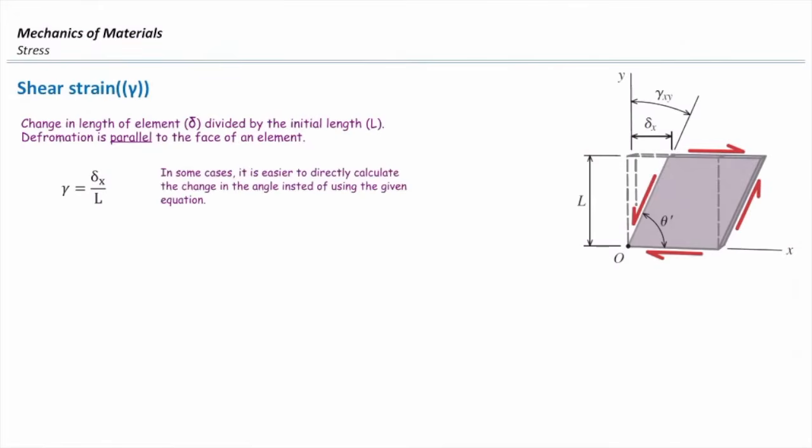Generally, in most cases, it's easier to calculate directly how much the change in the angle of the deformed element is after applying the load using trigonometric equations. We will talk about that in detail in several problems later on.